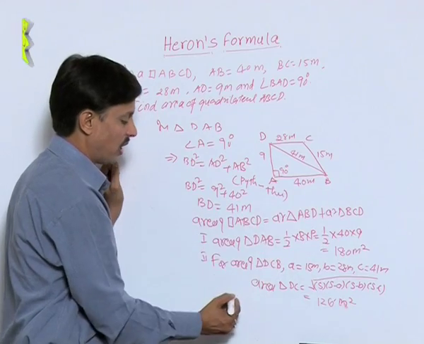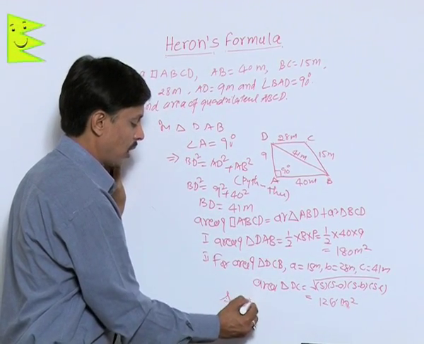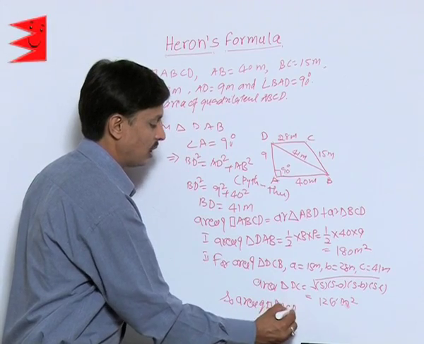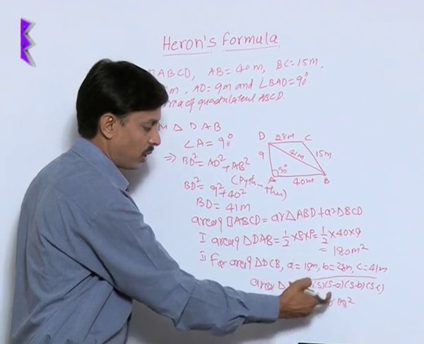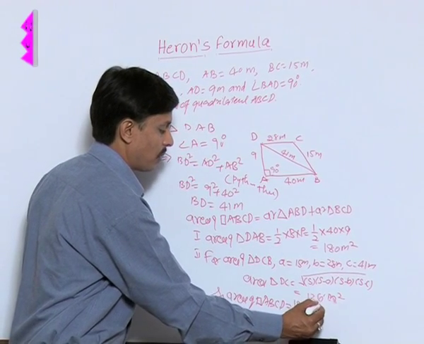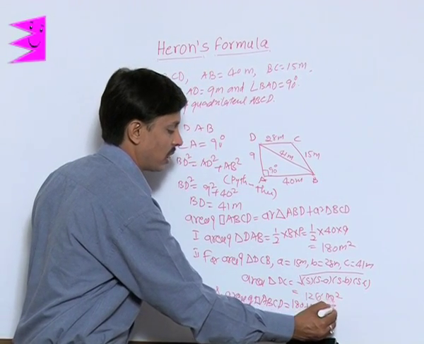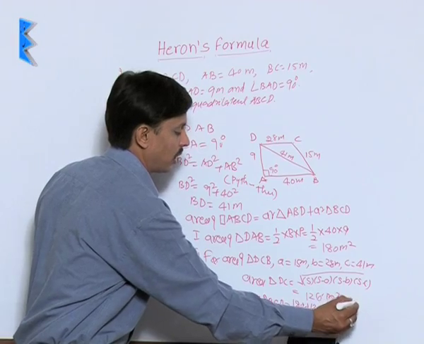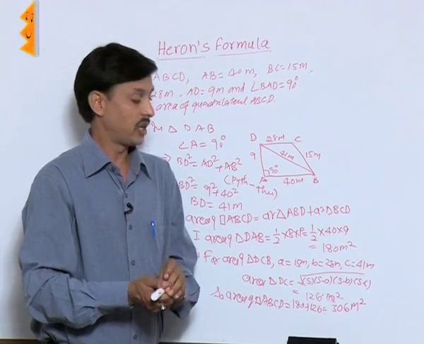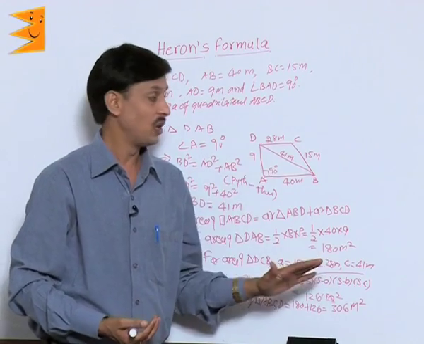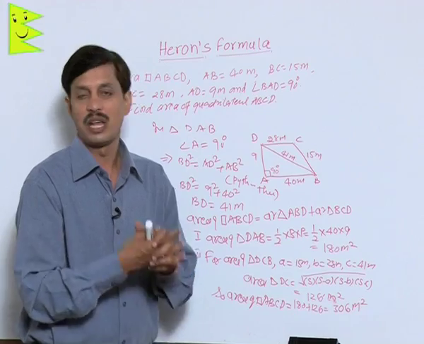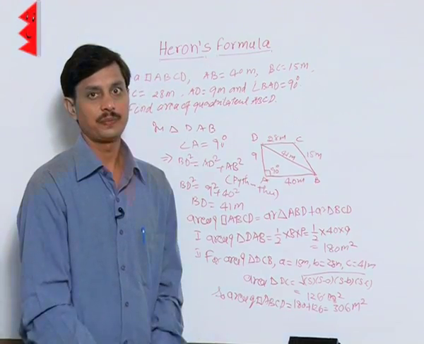Now the area of quadrilateral ABCD is the sum of these two areas, that is 180 meter square plus 126 meter square is equal to 306 meter square. So this is the extended application. Similarly, it can be applied for pentagon, hexagon, etc.